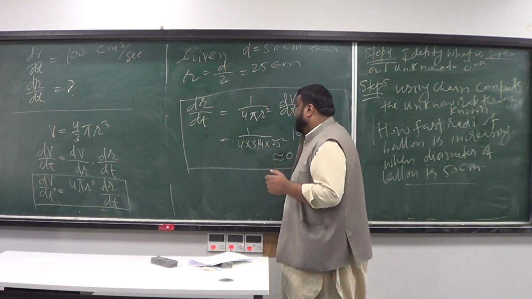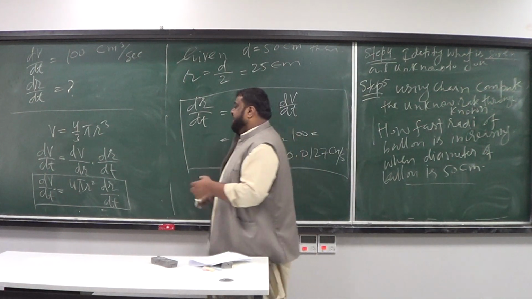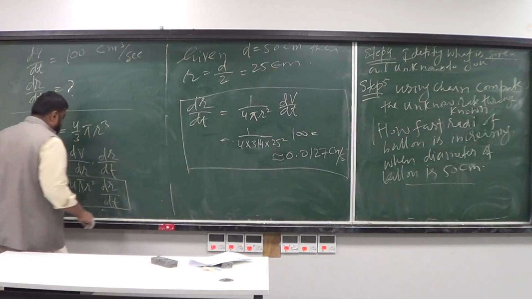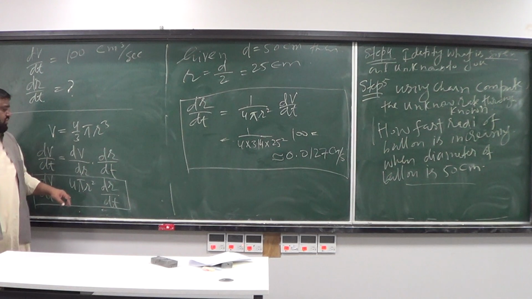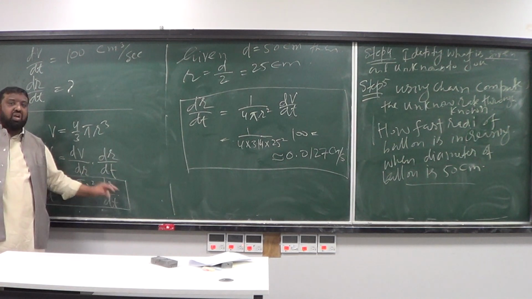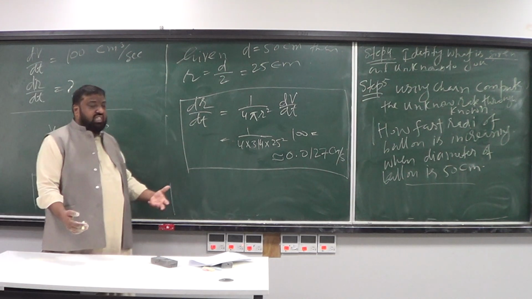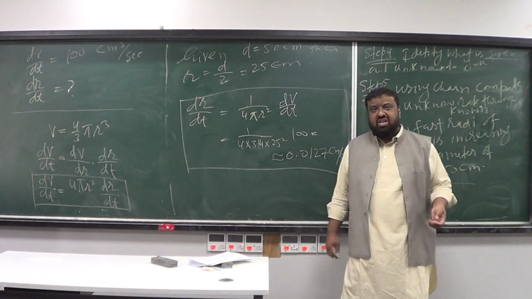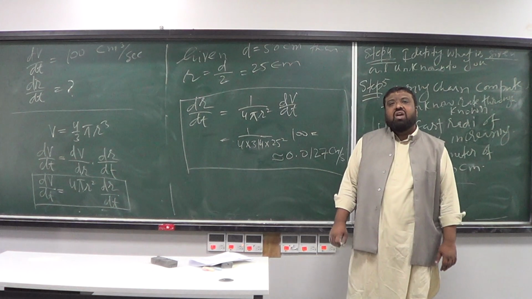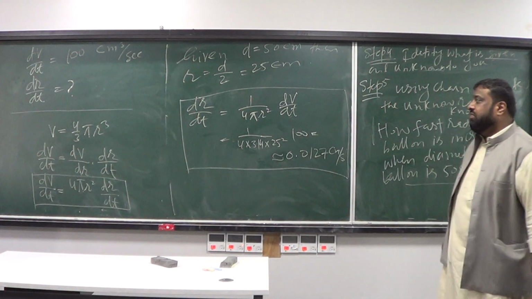So you must appreciate that mathematics allows us to relate the two rates. The volume rate is seemingly easy to compute, so using it we easily computed the other rate, the increase in radius, which was seemingly difficult to calculate. That's how such problems should be attempted.